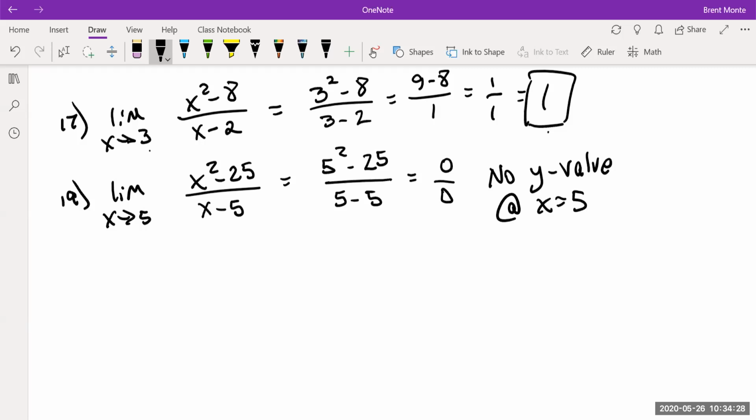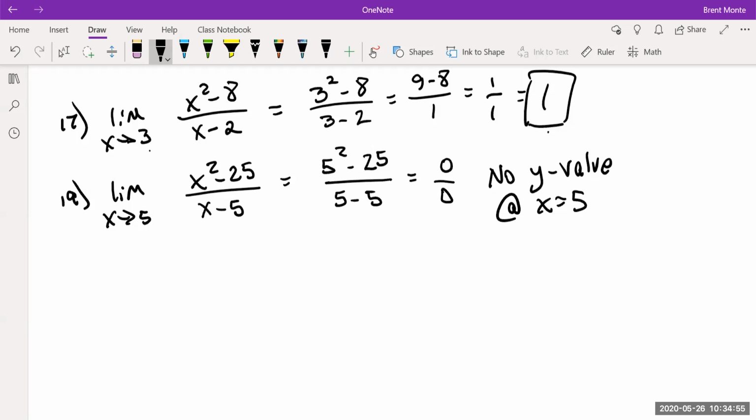Again, that doesn't mean the limit doesn't exist. It just means there's no point there. And remember, if you were to graph x squared minus 25 over x minus 5, there's a vertical asymptote at x equals 5 because that's what makes the denominator go to 0. The graph of a function can't cross a vertical asymptote because there's no point in the domain there.